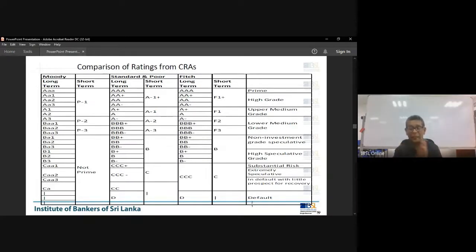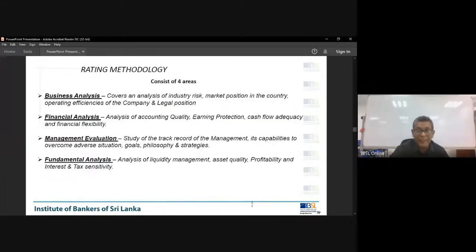That is the government's argument, despite all these things: we are settling the loans, so why are we downgraded? And that is what I explained to you. We need to understand that is not the only criterion.